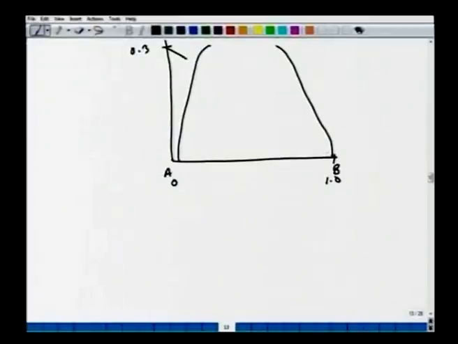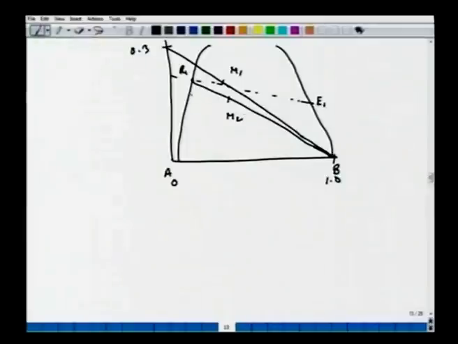We connect the first stage, find the mixing point M1 here, and find a tie line. So this one is R1, this one is E1. Connect this R1 to the solvent again, find the new M2 point, and find another tie line. It need not be parallel. E2 and R2.